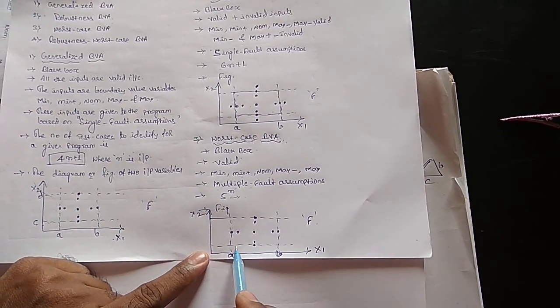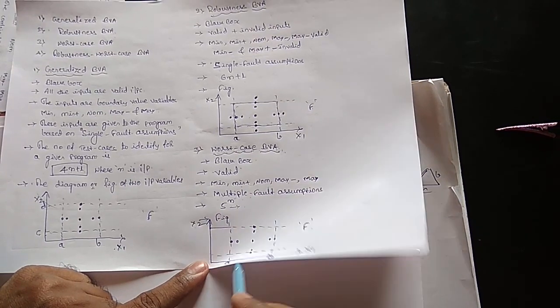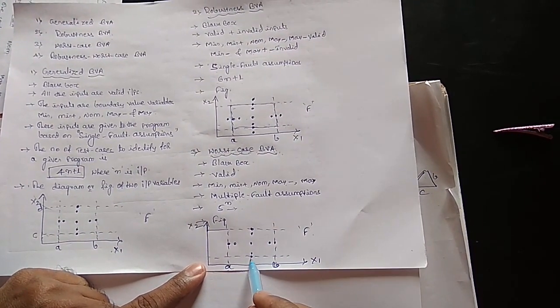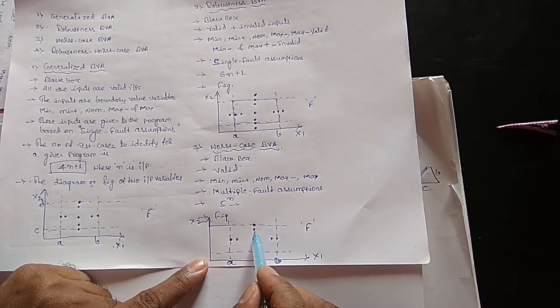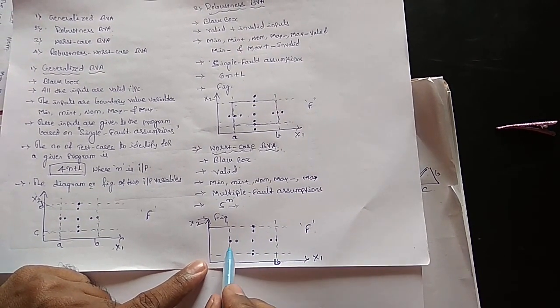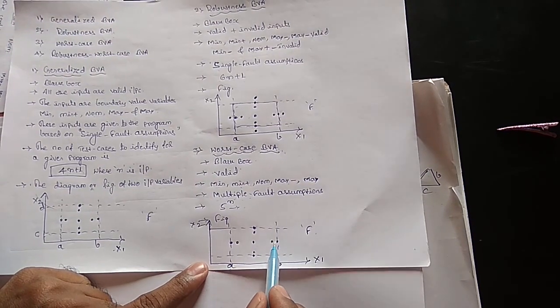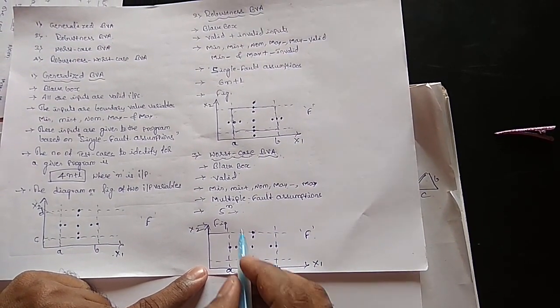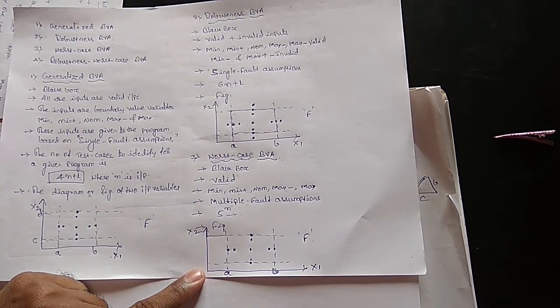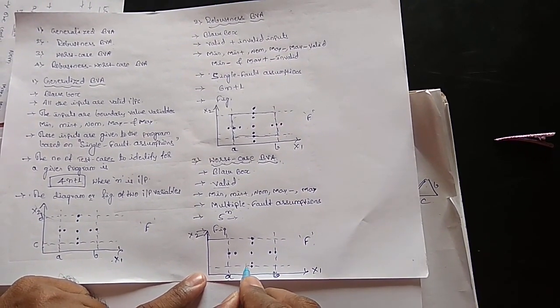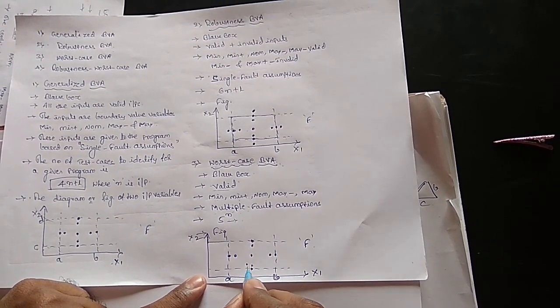You can see this is the lower limit, this is the upper limit, and here the points become minimum, minimum plus, nominal, max minus and max. Similarly for the other variable. Under the worst case we use only valid input variables, but redundancy will be more. Therefore the diagram will look like this.